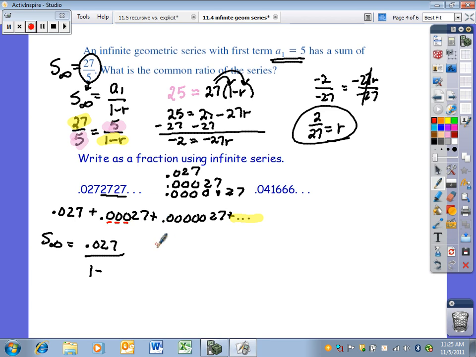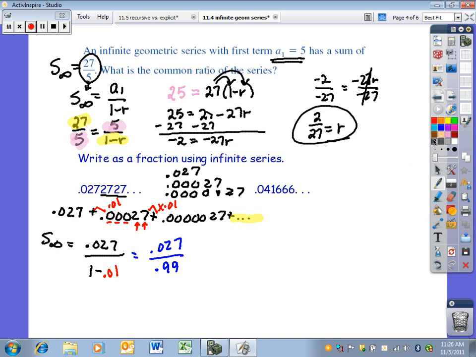I had the original 3 and added 2 more. So I always added times 0.01, times 0.01. So my ratio is 0.01.